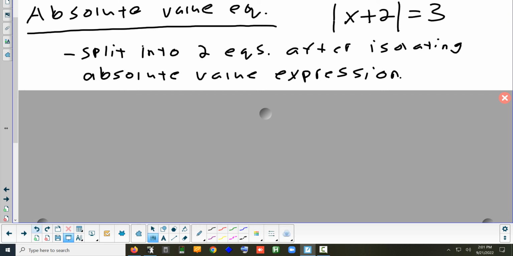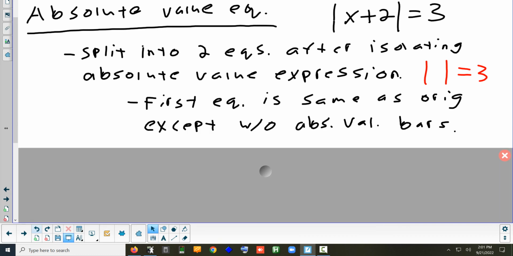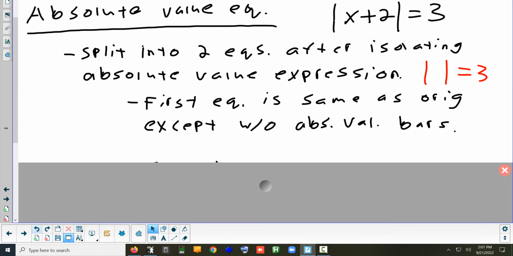What number, you don't have to tell me the value for x, but just tell me what could go inside those bars, and the answer would come out to 3. What number could I put inside here? Yep, 3 or -3. So we're going to split this up into 2 problems.